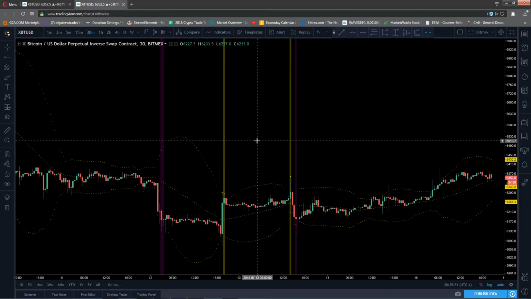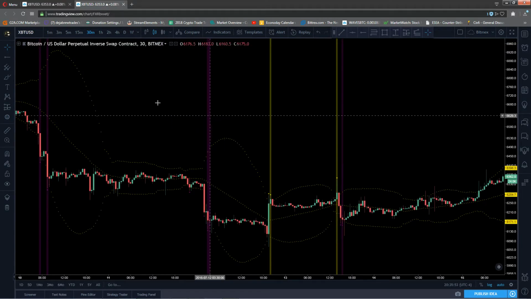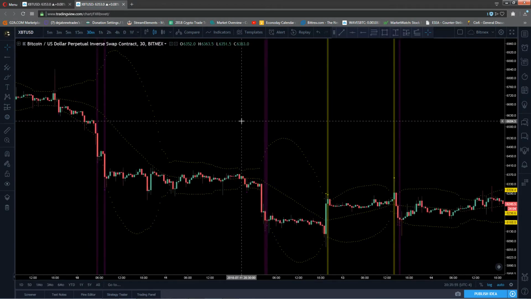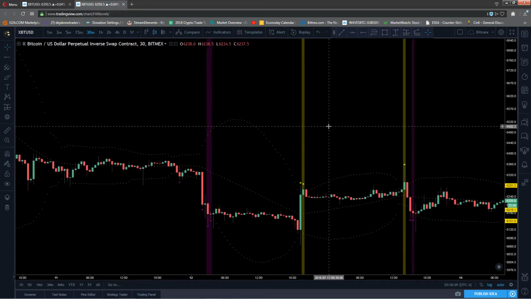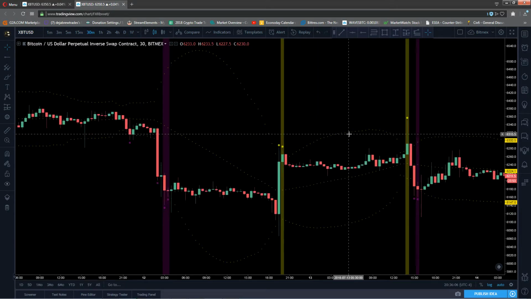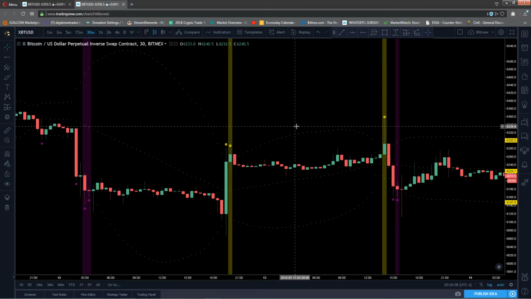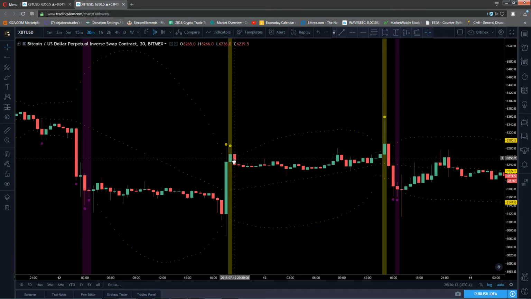So when you see a bullish divergence, these are not buy and sell signals, guys. You do not want to be taking them immediately. You want to wait for validation, as always. When you're trading these divergences, it's best to take them on a re-entry of the Bollinger Band.